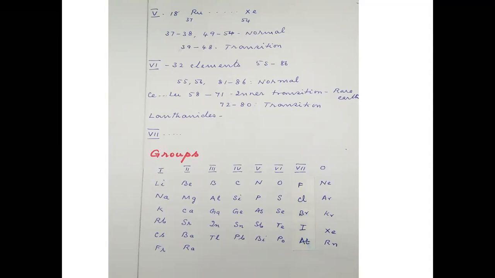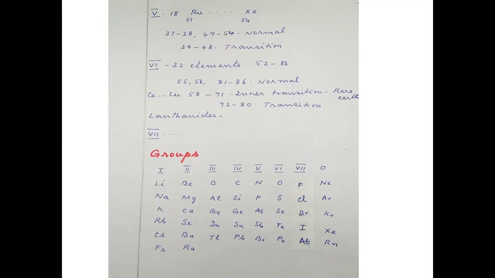Therefore, from 55, 56 S block, 81 to 86 P block, these 8 elements are called normal elements or representative elements. From cerium to lutetium, that is 58 to 71, it is inner transition elements or rare earth elements.